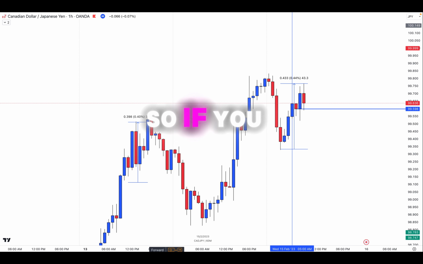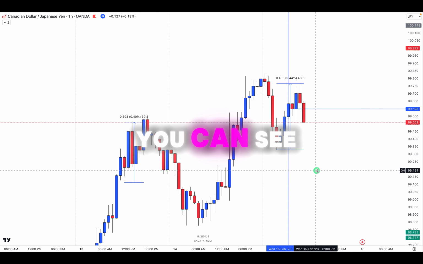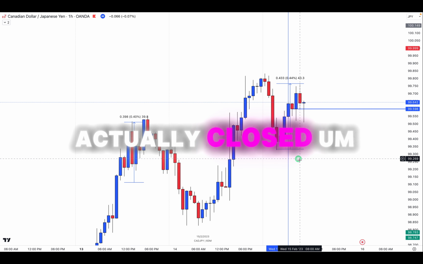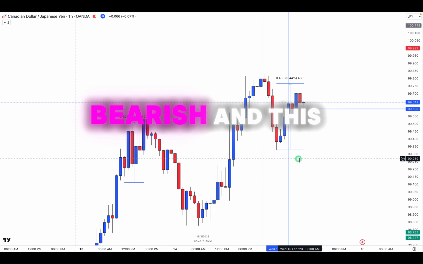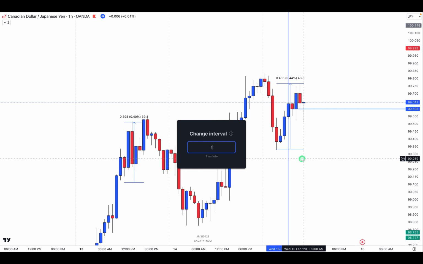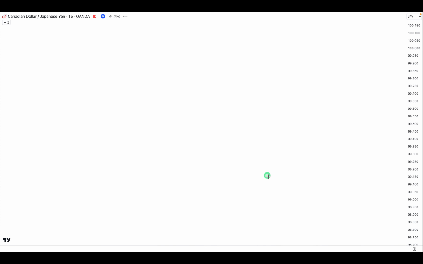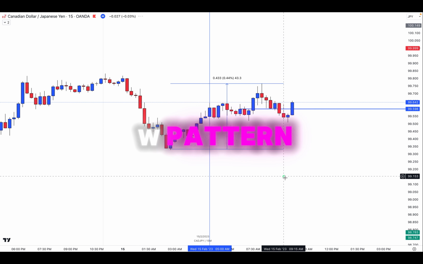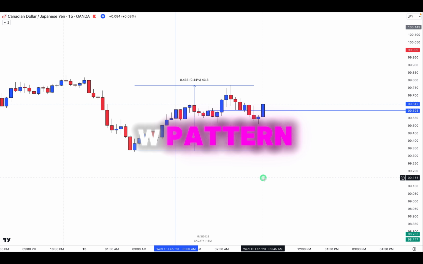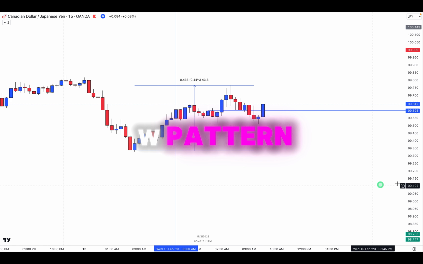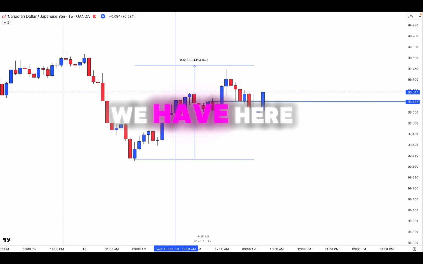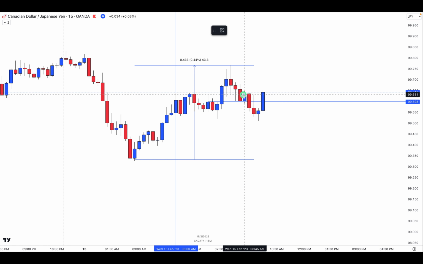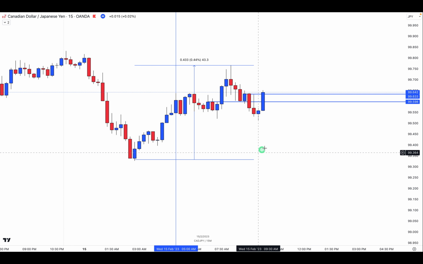If you go to another candle, you can see this actually closed bearish and this is bullish. So let's check if we have a W pattern there. From here, this is 445. Here is our neckline, but let's see. What time was this?